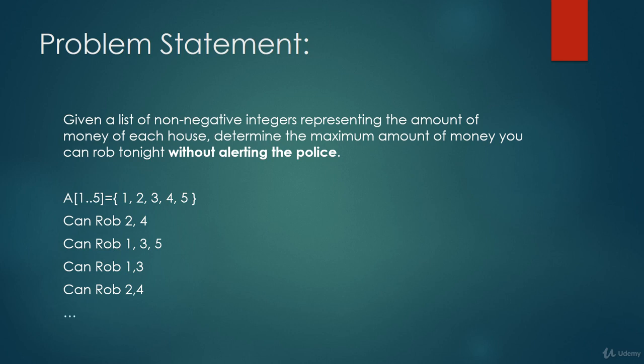The optimum here is when we steal house 1, 3, and 5, because we end up with 1 plus 3 plus 5, which is $9. And we don't alert the police because we didn't steal two houses beside each other. If we would have stolen, for example, 1, 2, and 5, then we would alert the police and we would go to jail. So it's not a valid one.